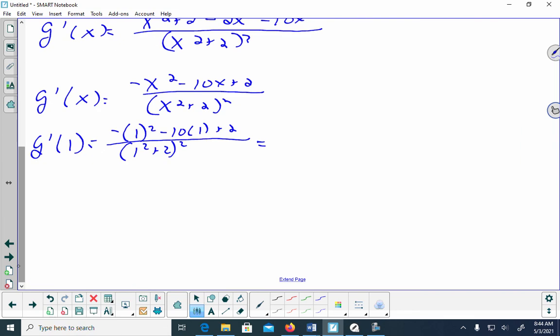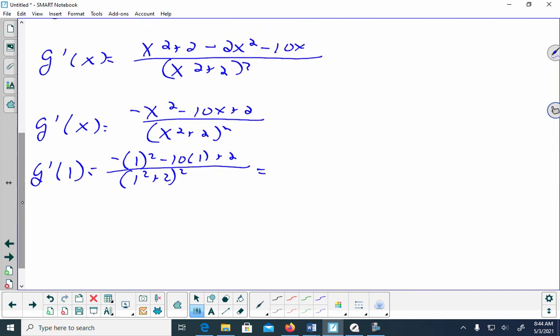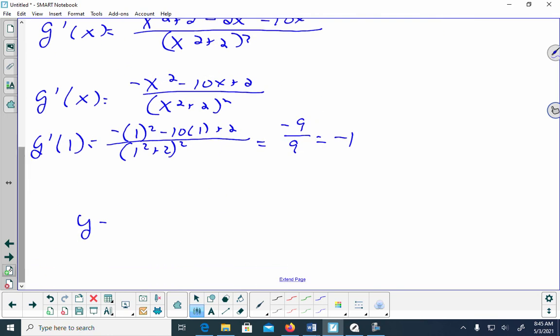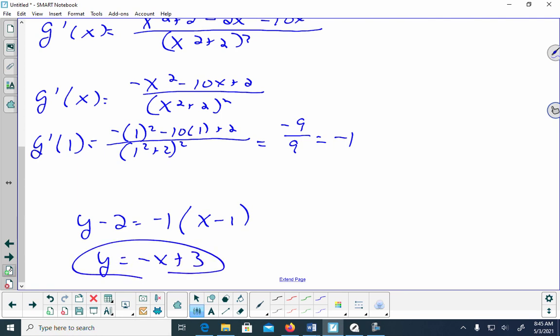And when I do that, I'm going to get negative 9 over 9, and I'm going to get negative 1. So my slope is going to be negative 1. So I'm going to do y minus, I believe it was 2. Yes, y minus 2 is equal to my slope, and then x minus 1. And my final equation is negative x plus 3. And that's the equation of my tangent line.